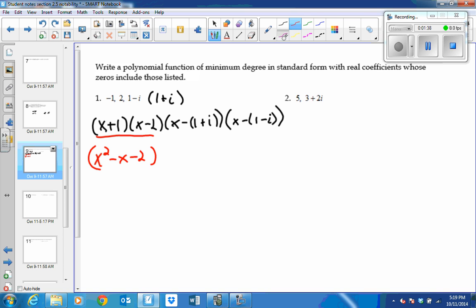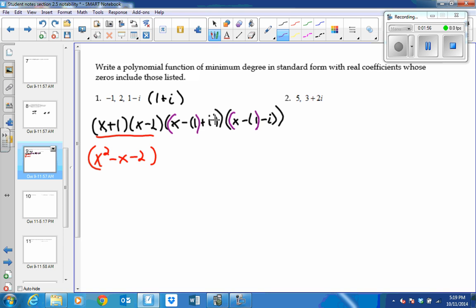Now this one is a little different, and what I'm going to try and do is simplify it a little bit more. If I group x plus 1 together, so we have x plus 1 plus i in this one, and I group x minus 1 together here, so we have x minus 1 minus i.